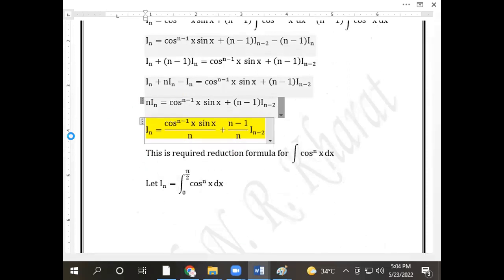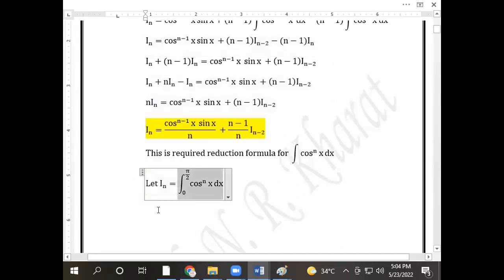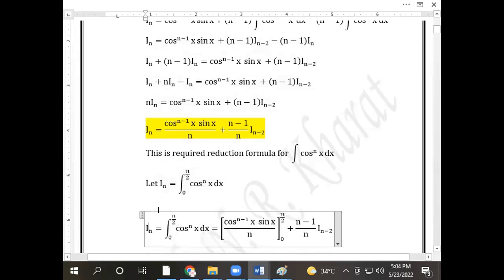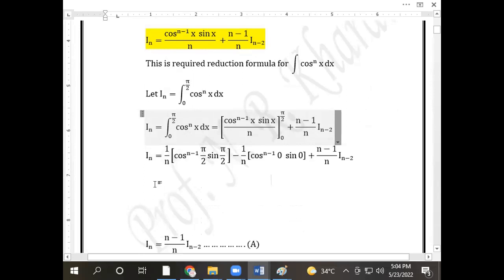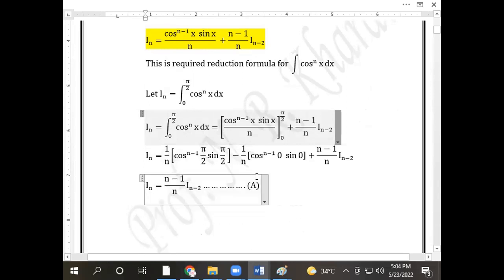To find the value of I_n when the limit goes from 0 to pi by 2, we just put the upper and lower limit in the reduction formula. So after replacing the upper and lower limit, we got the formula for I_n, which is n minus 1 upon n I of n minus 2.